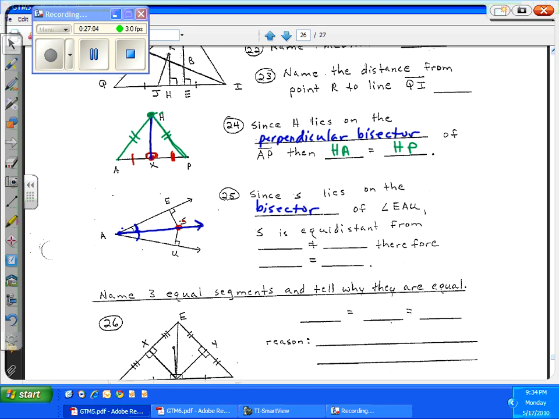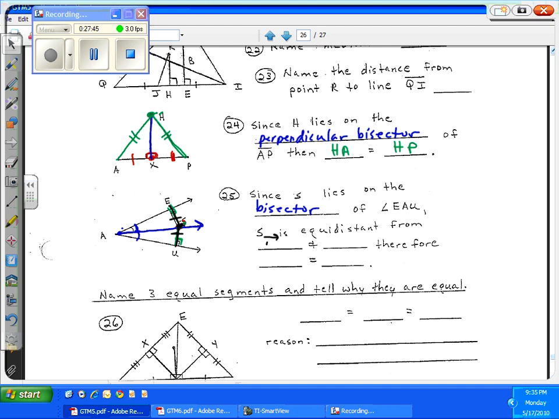A point that lies on the bisector of an angle is equidistant from the sides of the angle, so the distance from S to side AE, which is that perpendicular distance, is equal to the distance from S to side AU, which is that perpendicular distance. So this distance is equal to this distance. So SE is equal to SU. Oh, S is equidistant from the sides.